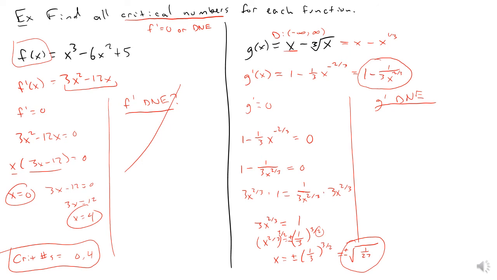Instead of 1/3 x to the negative 2/3, if you write it this way, 1/3 x to the 2/3, it makes it really obvious that if x equals 0, I'm going to have trouble. g prime does not exist when x is 0, because if I do 1/3 times 0 to the 2/3, that's going to give me a 0 in the denominator. This is going to be undefined.